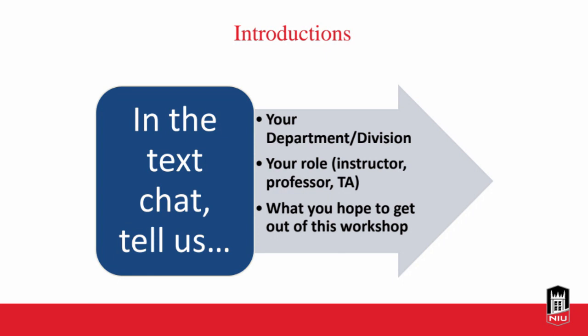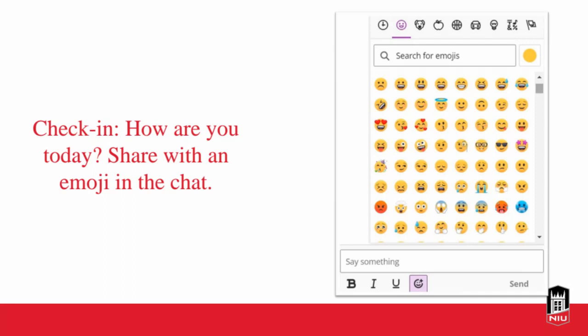All right, and as you are adding that information to the chat, if you're still working on that, I'm going to move on to the next slide. So keep working on that. But also, something that I like to do with my online students when we're in a synchronous session is to gauge where they're at with just an emoji in the chat. It's an easy way for students to start engaging at the beginning of the class session without having to put forth a lot of emotional or mental bandwidth.